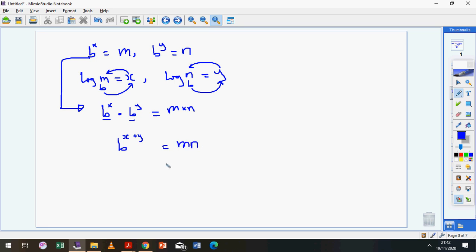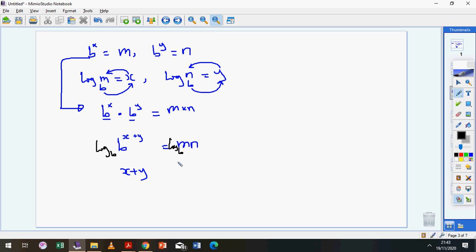Alright, next, if I want to have this x plus y as something on its own, I need to get rid of the b. The only way I can get rid of the b is if I introduce a logarithm to the base b. If I introduce logarithm to the base b on both sides, and this is a valid mathematical operation, kind of like dividing by the same thing both sides, or multiplying by the same thing both sides, or squaring both sides.